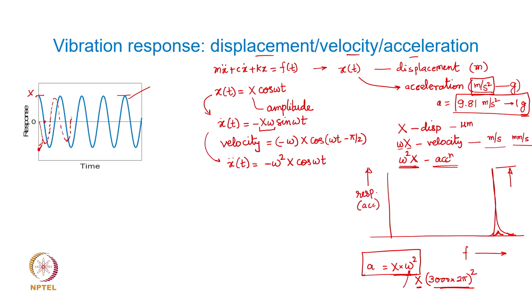So, whenever measurements are for a very small frequency range, maybe less than about 50 or 100 hertz, displacement is the unit of measurement. When high frequency measurements are involved, the de facto choice then becomes the accelerometer, and acceleration data is commonly used.